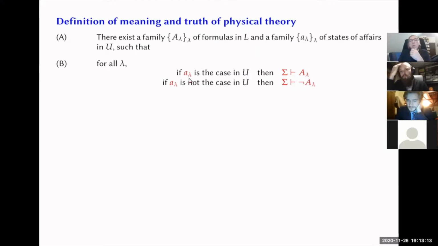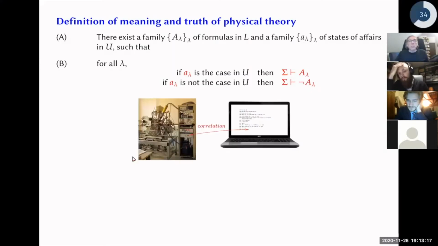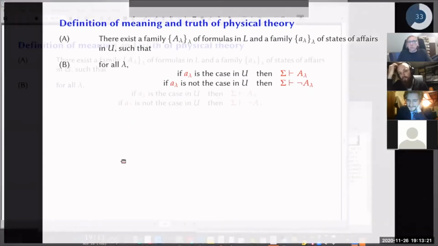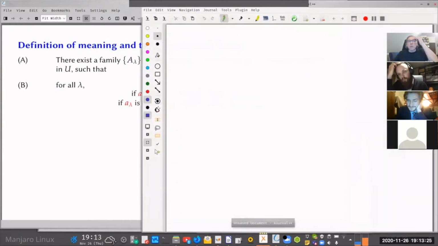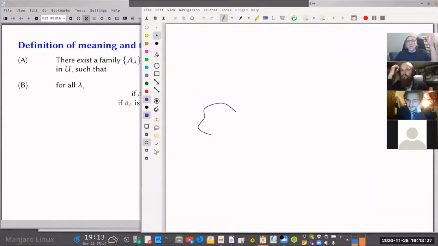So, you know, if I have something, oh, I'm sorry, I wanted to use the white board. Yeah. Here is U, and let me denote the formal system as a computer, for instance.